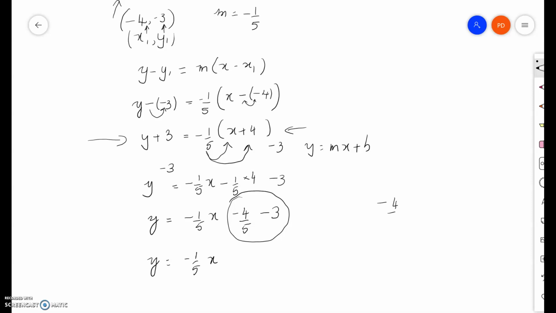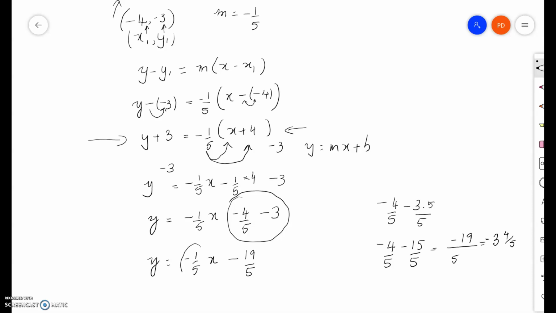So -4/5 minus 3. In order to find a common denominator, we multiply and divide the 3 with 5. So we have -4/5 minus 15/5, which is equal to -19/5, which is equal to, 5 3s are 15 and 4/5, so 3 and 4/5, or I can just write it as -19/5.